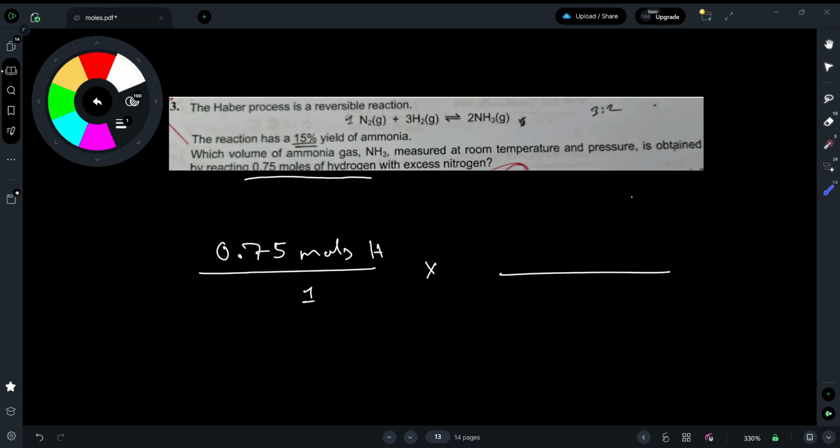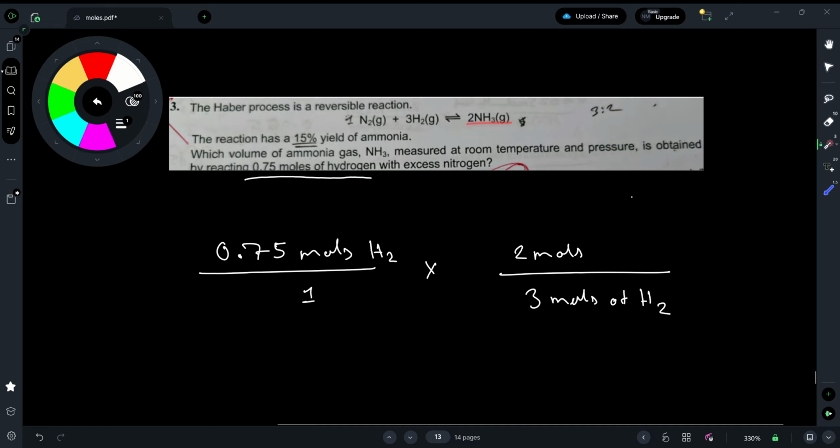So for 3 moles of H2, you get 2 moles of NH3.